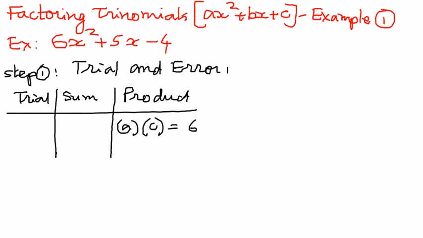A here is 6 and c for us is negative 4. When we take the product of these two numbers, 6 times negative 4 is negative 24, isn't it?